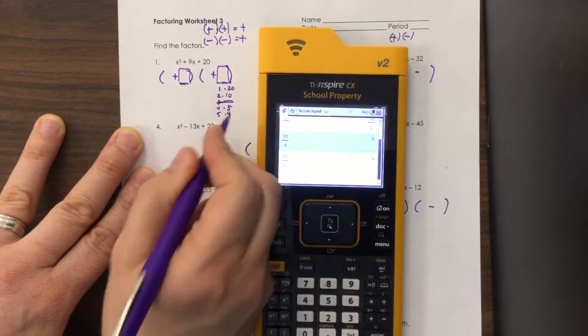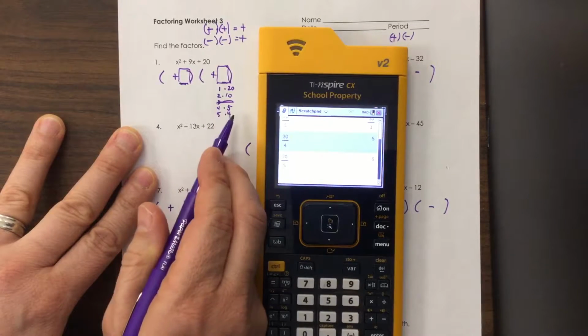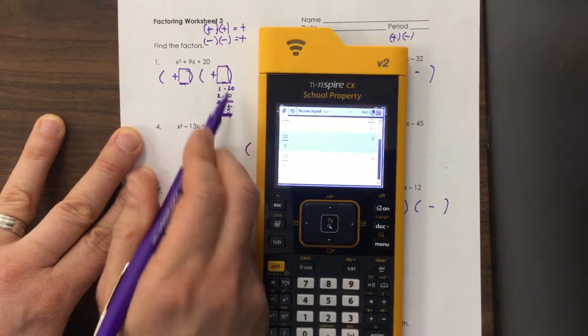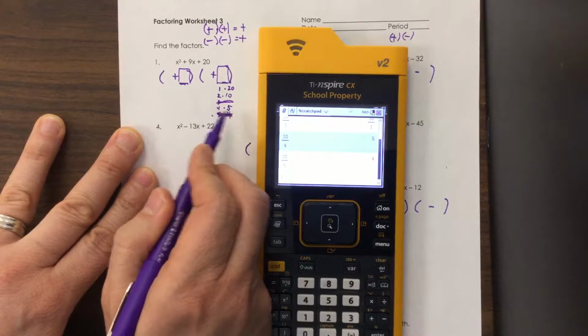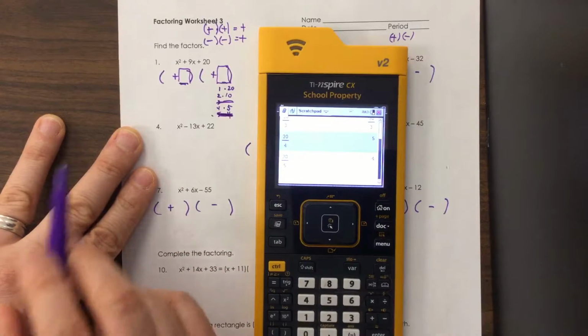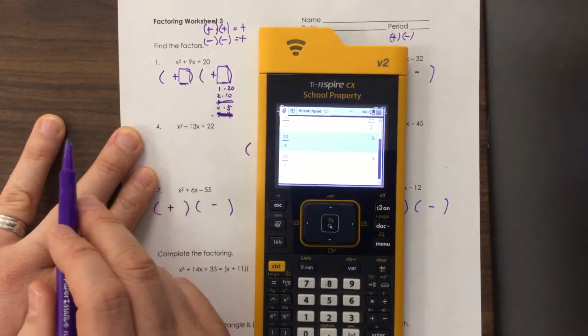Do you see how these two choices are really the same? The numbers are just switched. 4 times 5, 5 times 4. That means that we actually have all of our factors. Whenever you get up to something that's repeating the same two numbers, just in a different order, you've hit all of your factors, okay? So we're either going to use 1 and 20, 2 and 10, or 4 and 5.